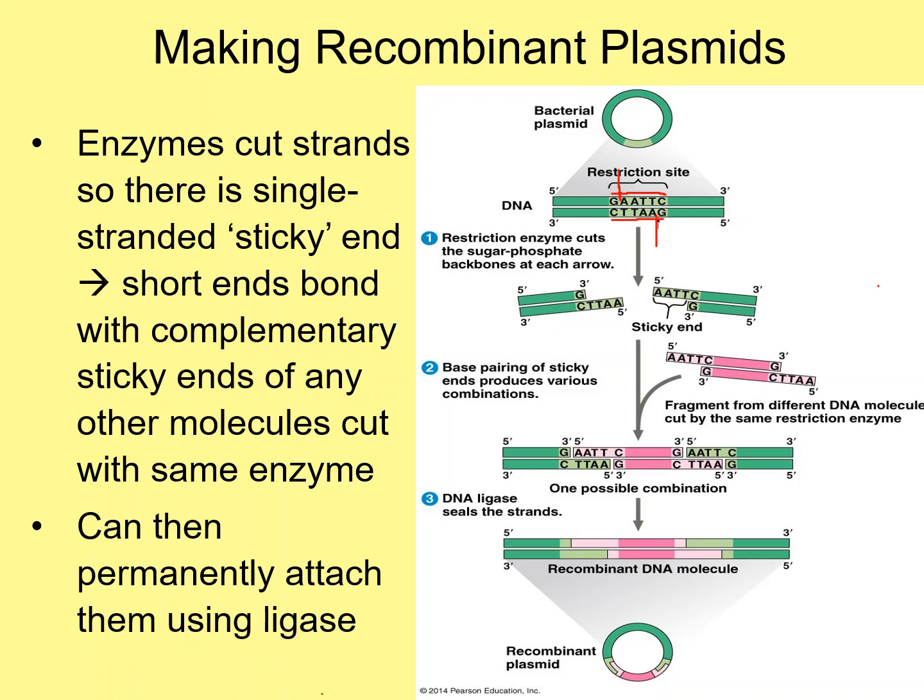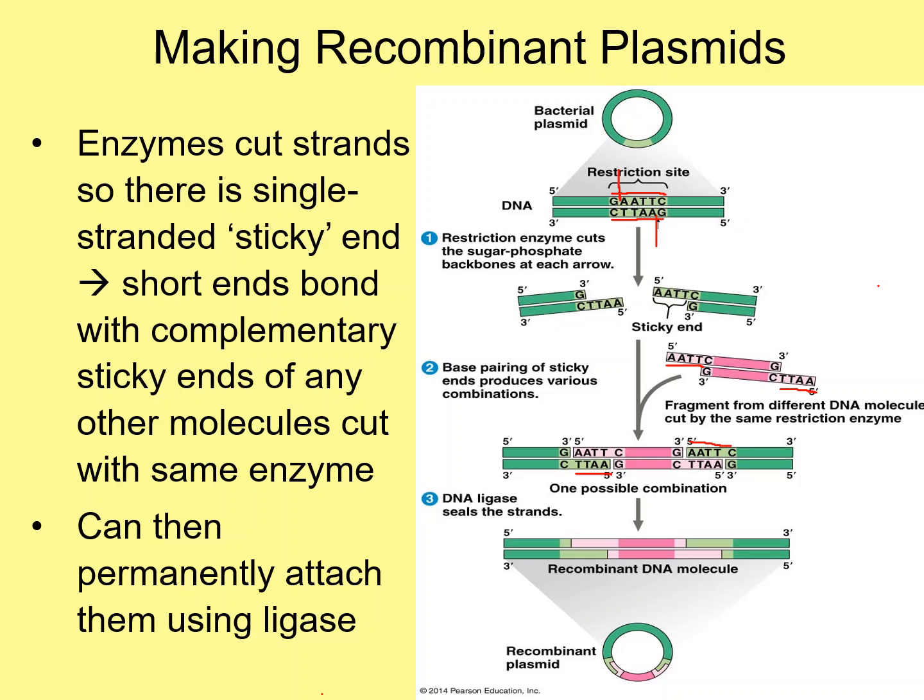You're going to add DNA ligase, right? And so what should happen is you've cut your plasmid with the same enzyme that you cut your DNA sequence with, and now I have complementary sticky ends. I've got one here, and it's going to pair with my sticky end here. And I've got another sticky end on my DNA fragment there, and it's going to pair with my other sticky end there.